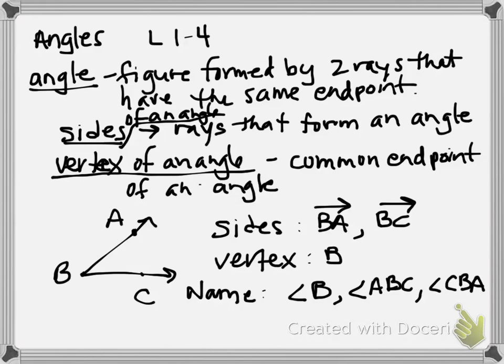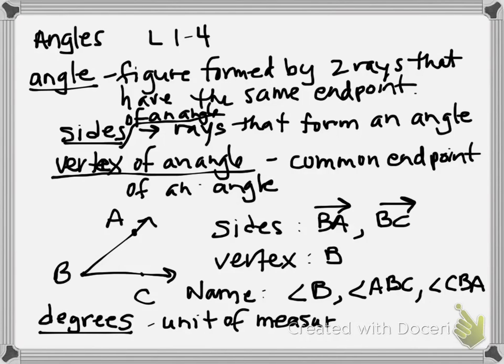All right, so let's talk about measuring. If I was going to measure an angle, what would be the unit of measure for an angle? Degrees. So degrees is the unit of measure for angles.